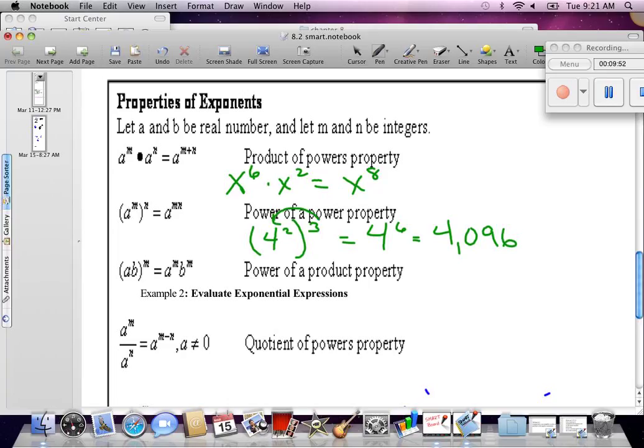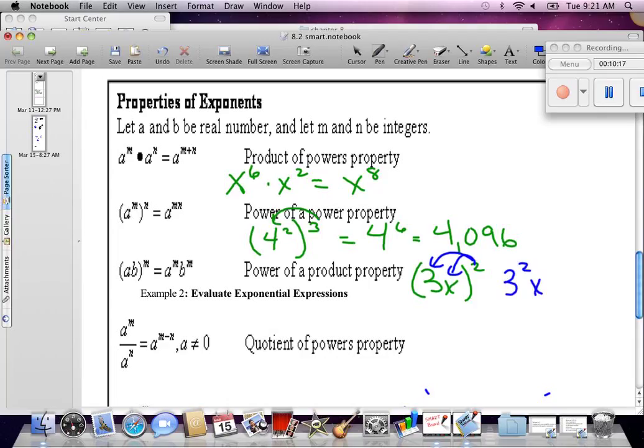Power of a product property. So you have a b in here, and again, you simply distribute the m. So a is taken to the mth power and b is taken to the mth power. So if you have 3x and we take it to the second power, all that's saying is you need to distribute that 2.